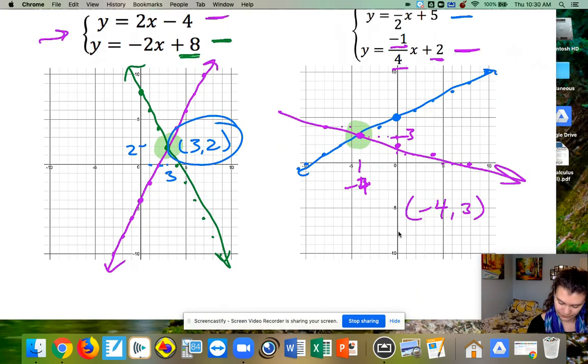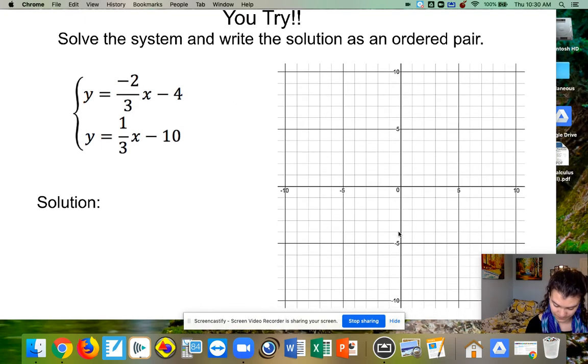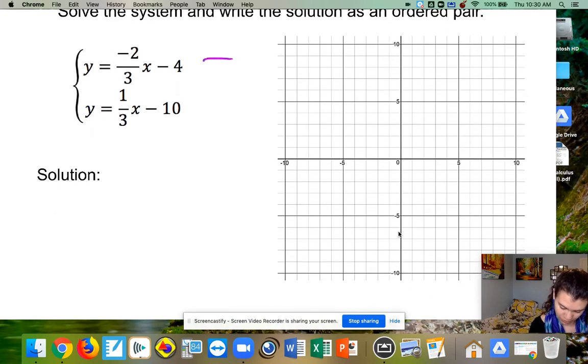Okay, so pause the video and try this one on your own. All right, so we'll do purple and blue. Purple, we're going to start at -4, go down 2 over 3, down 2 over 3, reverse it to go up 2 over 3.